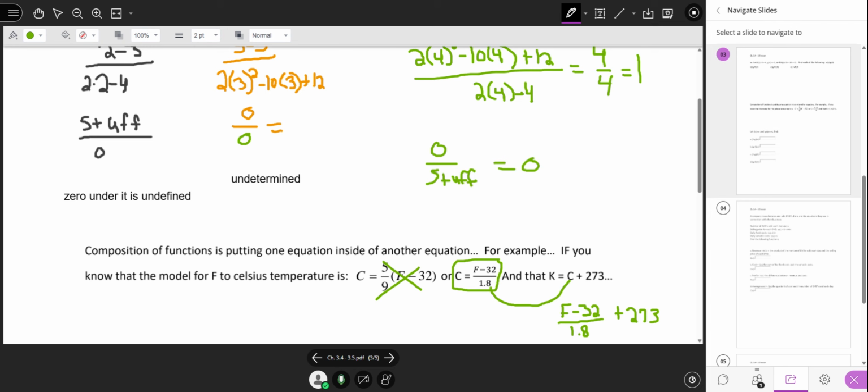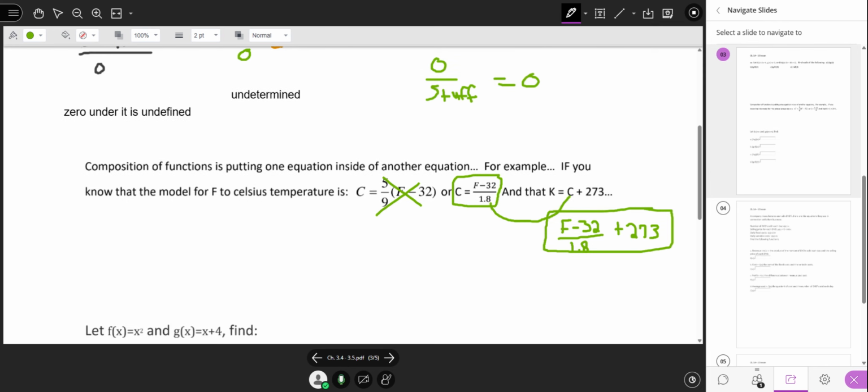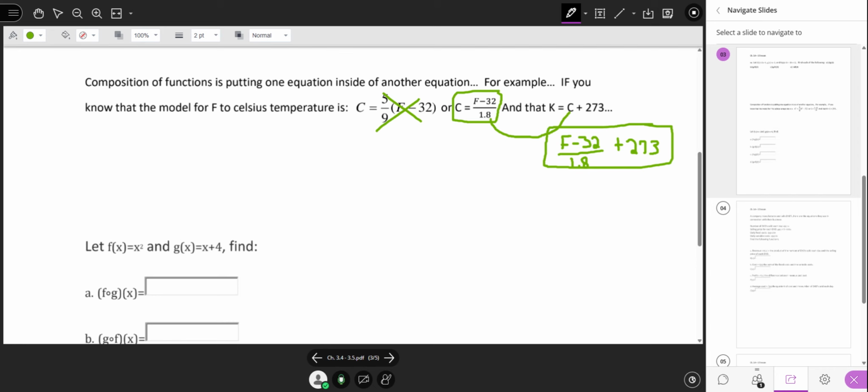So that would be your Kelvin equation, starting with Fahrenheit. So that's basically all composition of functions is: replacing one equation with a different equation, or putting it inside of another equation.